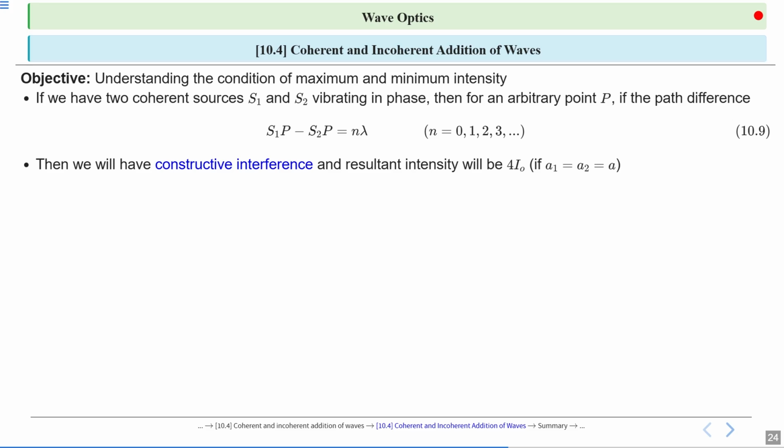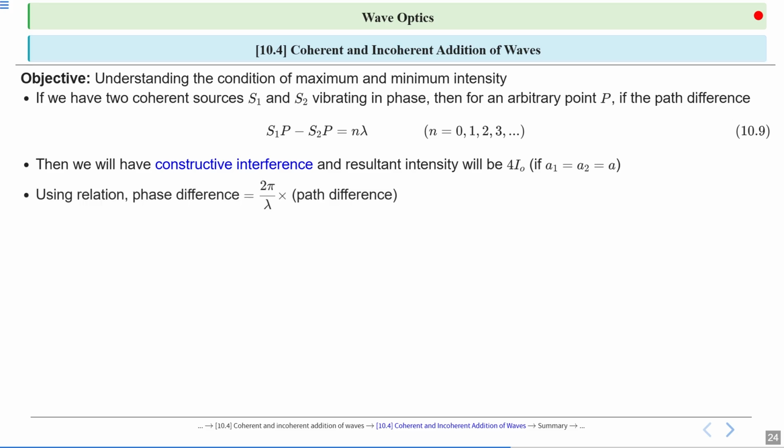This is not always the case. Maximum resultant intensity will be 4I naught if I1 equals I2 equals I naught, which is the case when the amplitudes of both the individual waves are the same. Otherwise, it will be less than 4I naught.